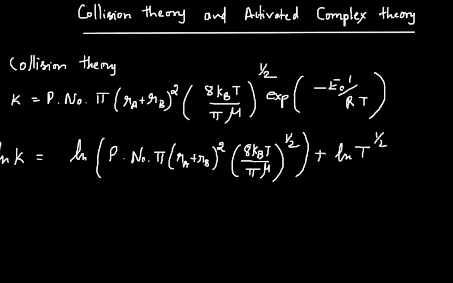Sorry, there is a slight mistake I made. Here it will not be T, just erase it. So ln T to the power half plus ln e, minus E naught dash divided by RT. So this will be your expression.